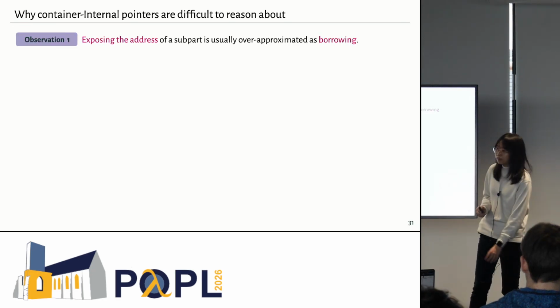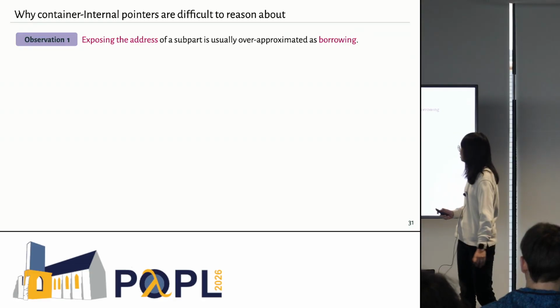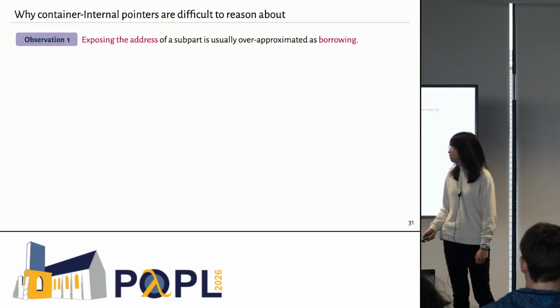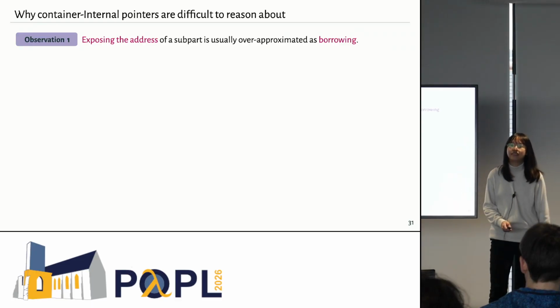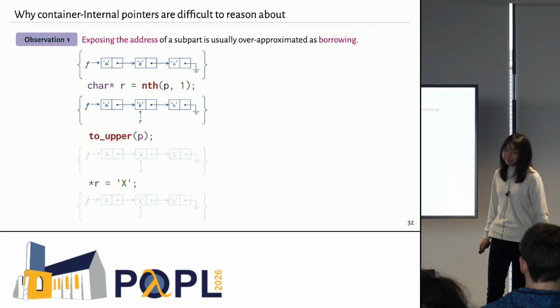The first observation we have is that exposing the address of a subpart is usually over-approximated as borrowing. So look at our concrete example.